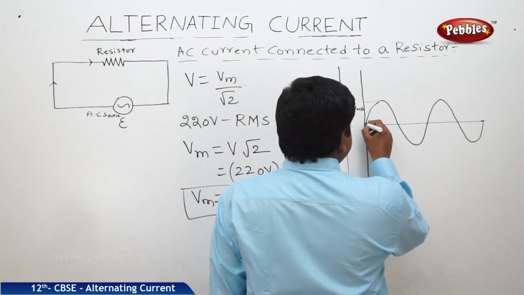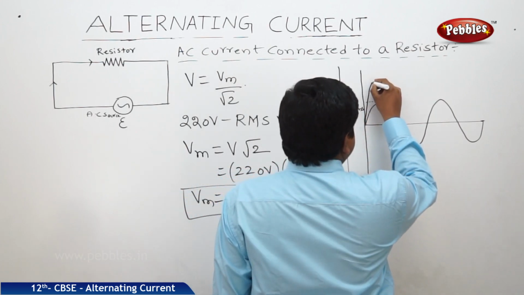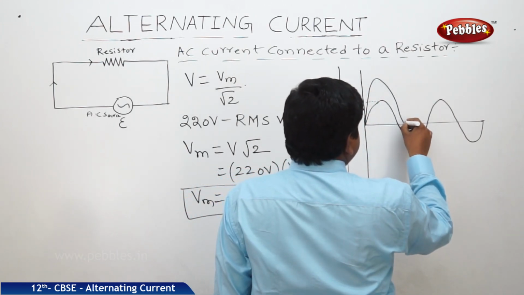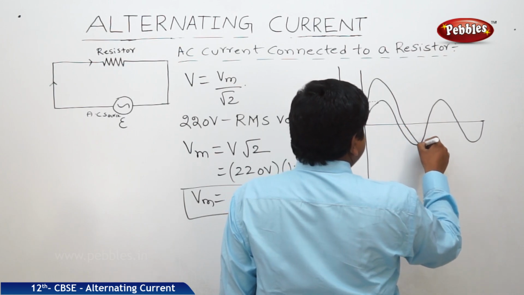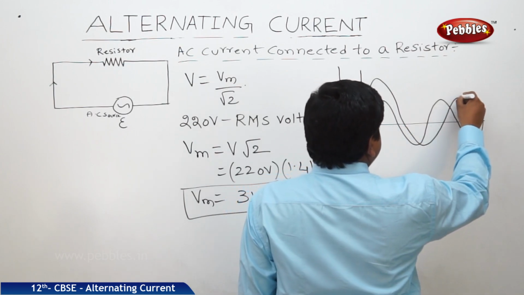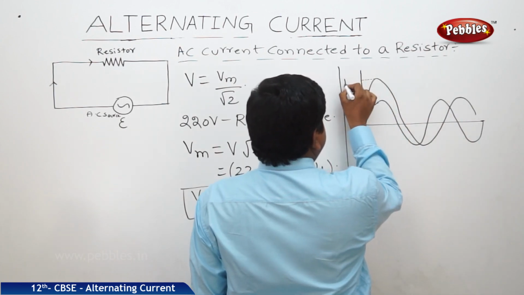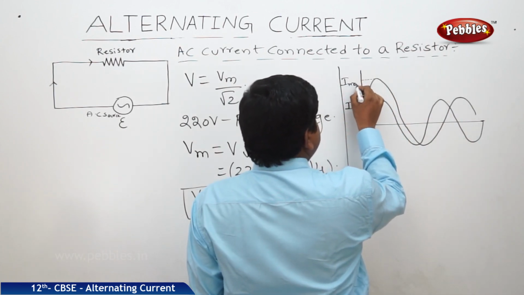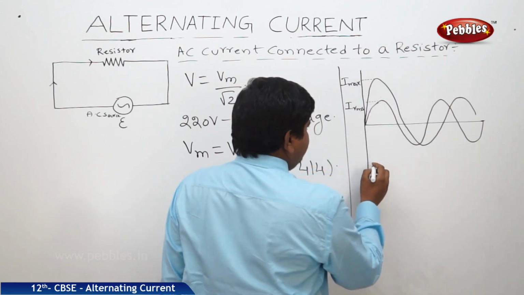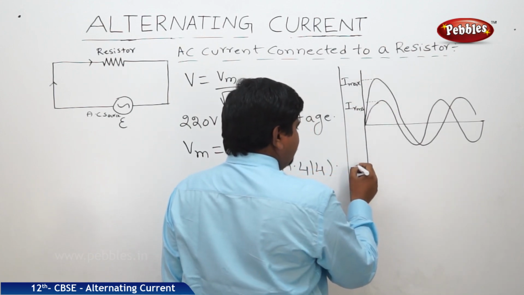What about the remaining things? This is I max, and the corresponding minus I max.